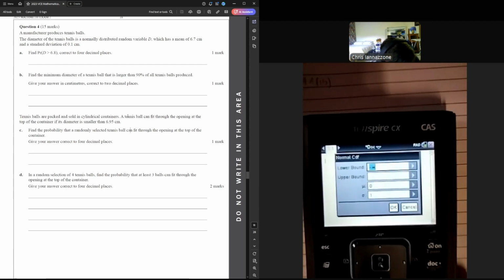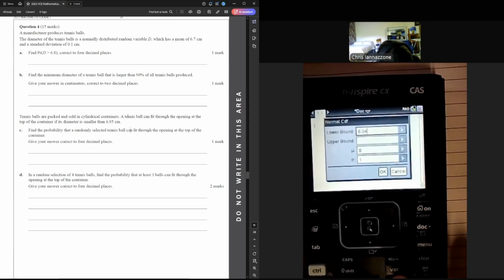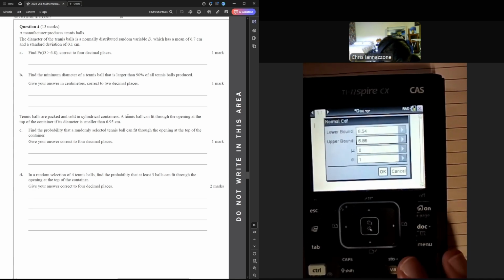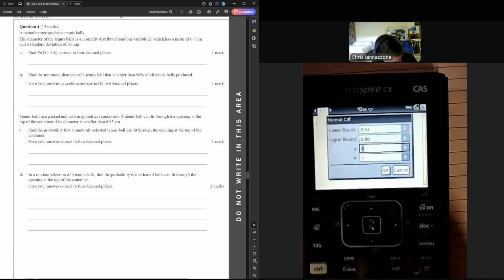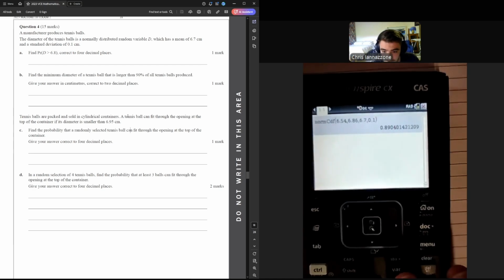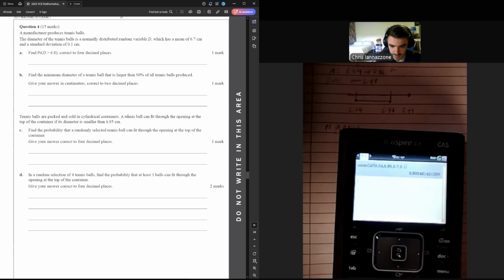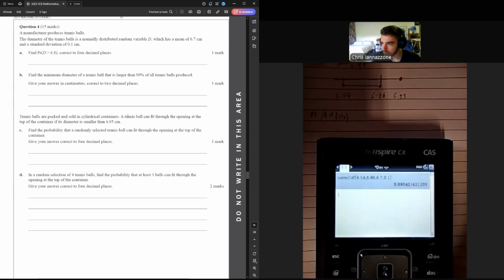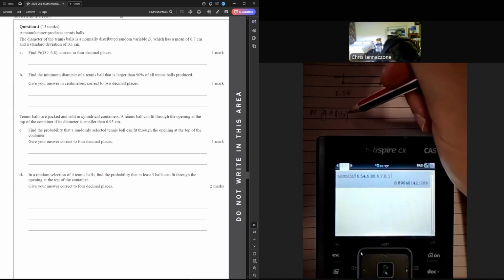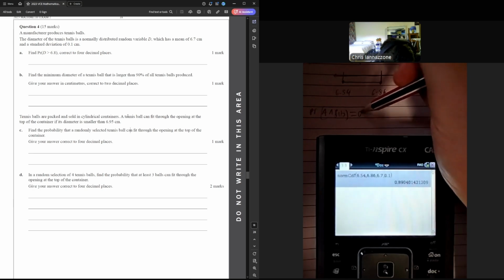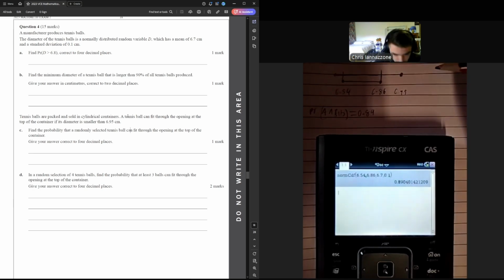We want to be between 6.54 and 6.86. As said before, mean was 6.7 and standard deviation was 0.1. And it's going to give you a value there for our intersection. So just for the sake of having it written down, I'll only write it to a couple of decimal places, but we're going to use the full figure, 0.89, right? That's going to be roughly our intersection.